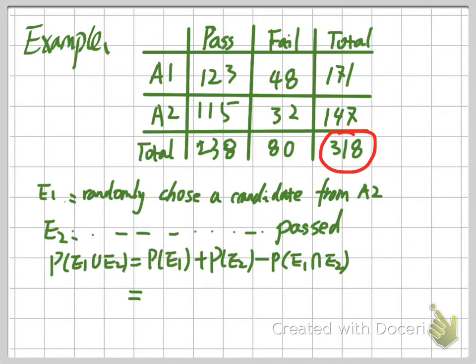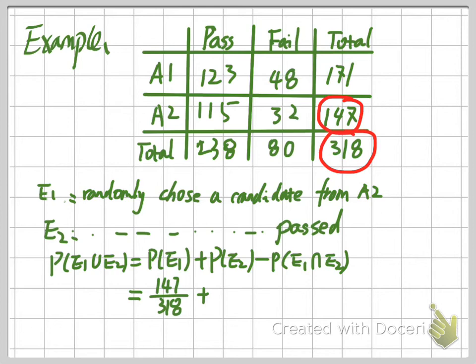The number is 147. So for this one, the probability is 147 over 318.